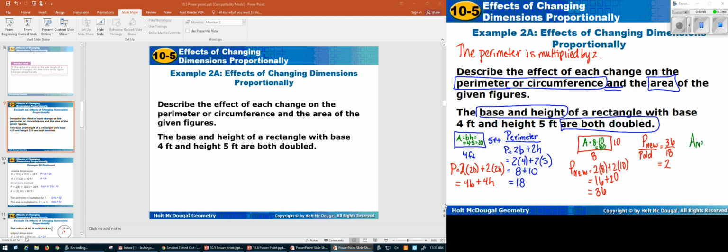Area of new, area of old. What do we get? 80 over 20, which is 4 times bigger. So we would say the area is multiplied by 4. Or we could say that it is quadrupled, okay? Doubled is by 2, tripled is by 3, quadrupled is by 4.